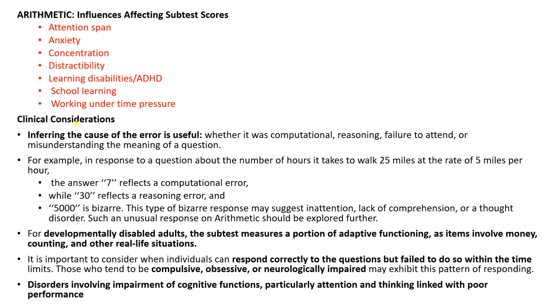So, mentally challenged individuals generally have difficulty in counting money and other real life adaptation, and they may perform poorly on this test, not because of their poor arithmetic, but because of their difficulty in adaptive functioning.